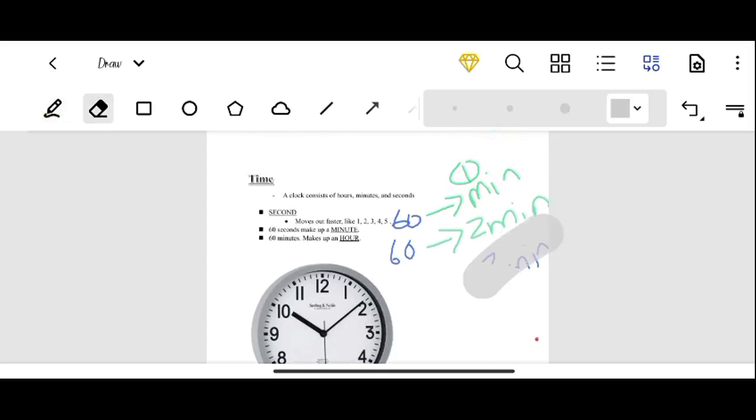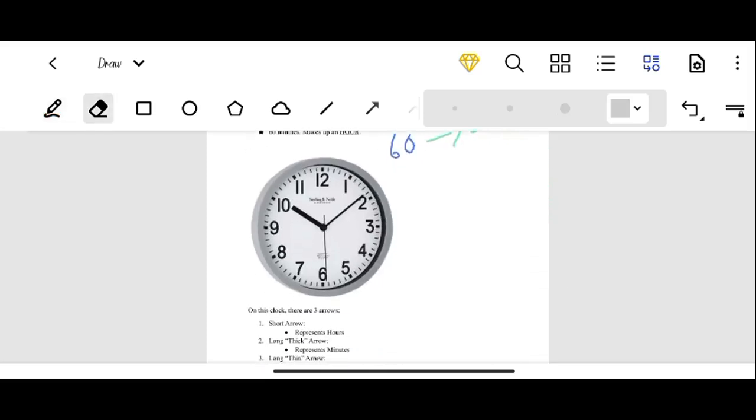I want to show you an example based on a clock here. We have a circular clock, consisting of 1 to 12. What I want you to note is the arrows presented in this circular clock. We have 3 arrows: arrow 1, arrow 2, and arrow 3.